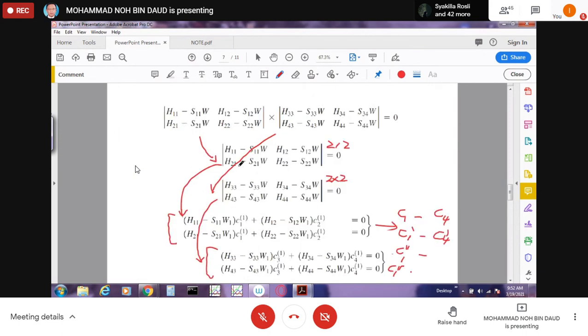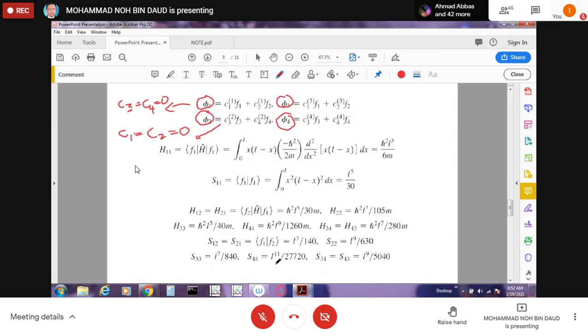From these determinants, C1, C2, C3 and C4 are the solutions of the simultaneous equations. So we can evaluate this. I want to skip this one.